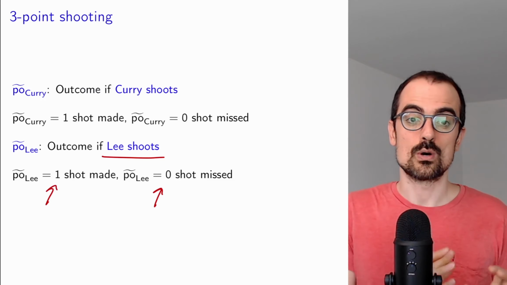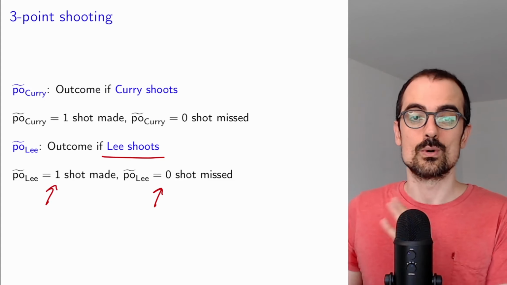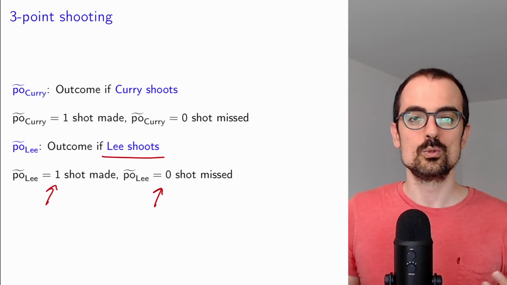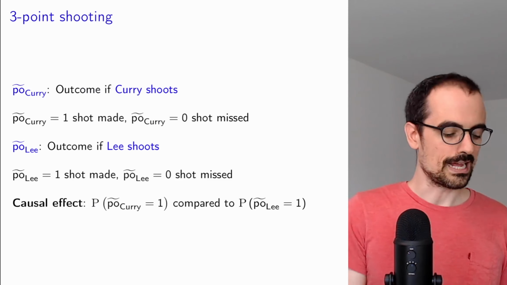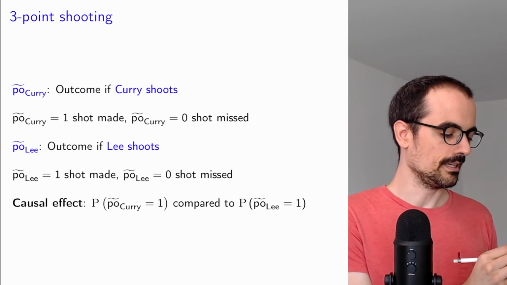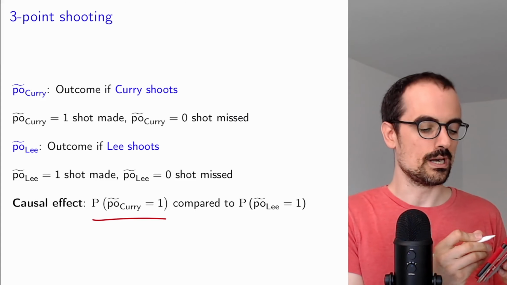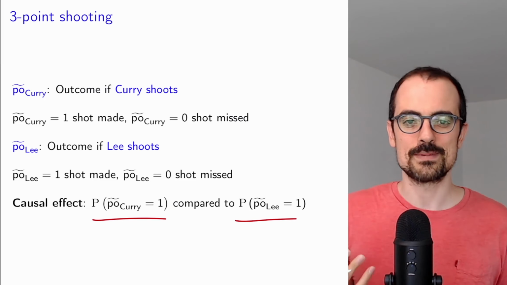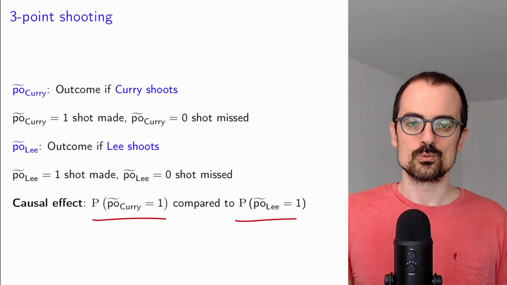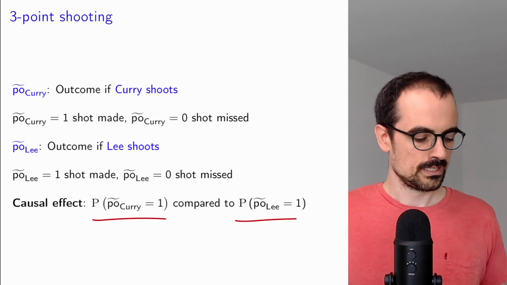If you had access to a reality where Curry was taking all the shots and another reality where Lee was taking all the shots, then it would be easy to know who is the best 3-point shooter, because we would just go to the reality where Curry is taking all the shots and see what fraction of shots he's making, and then we would go to the reality where Lee is taking all the shots and see what fraction he's making, and we just compare. And that would enable us to immediately determine the causal effect.